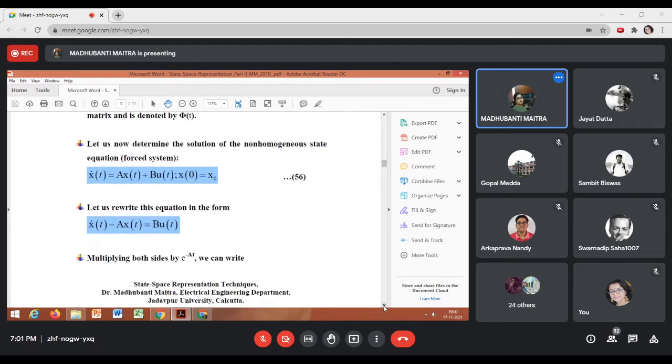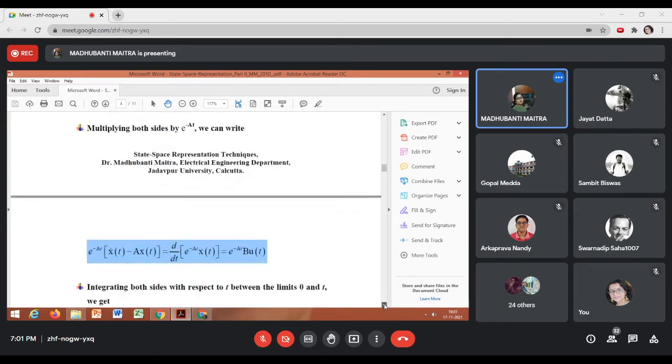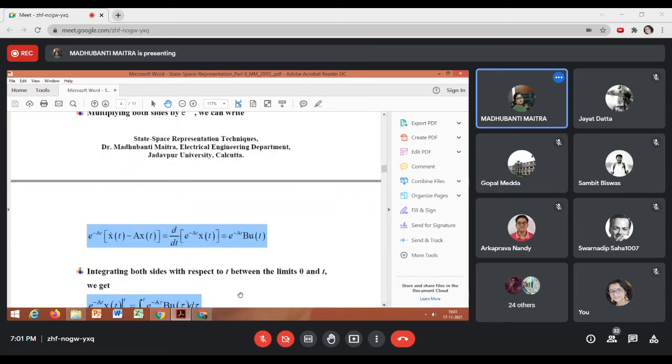So what will be the resulting equation? e to the power minus At into x dot t minus e to the power minus At into Axt will be equal to e to the power minus At into But.